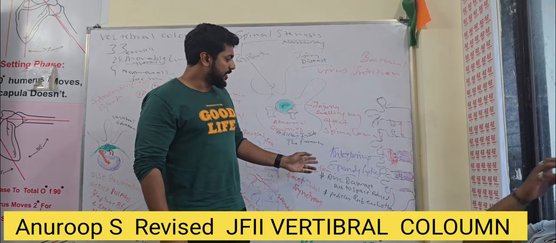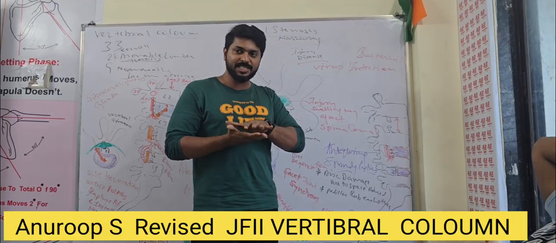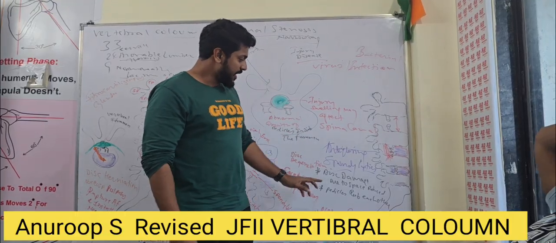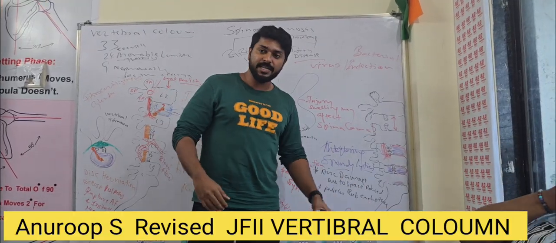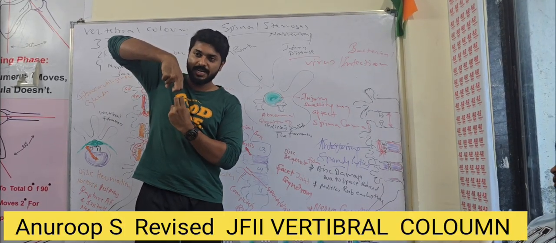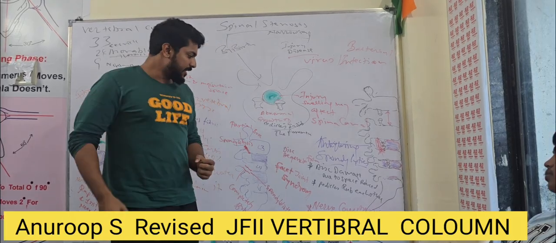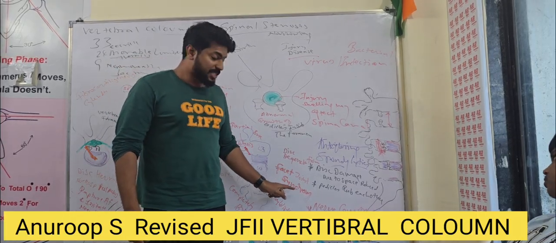At that time the disc is damaged due to reduced space. Space is reduced, so the disc gets damaged. Then the pedicles rub each other. You know, there should be a distance between the two pedicles, and when they come closer, they will rub each other. So that is known as facet joint syndrome.